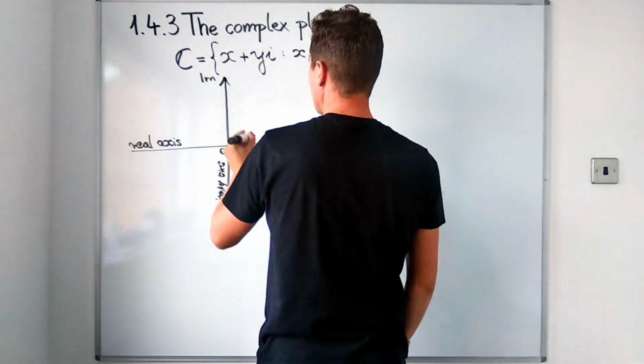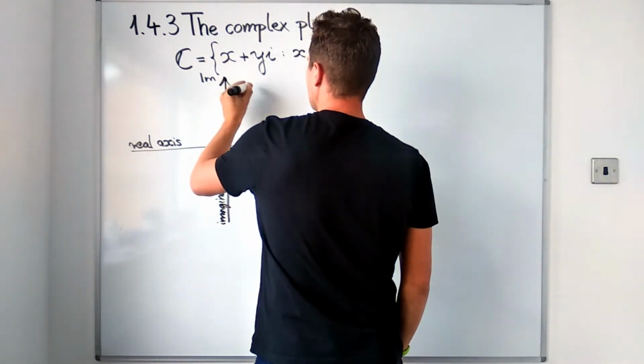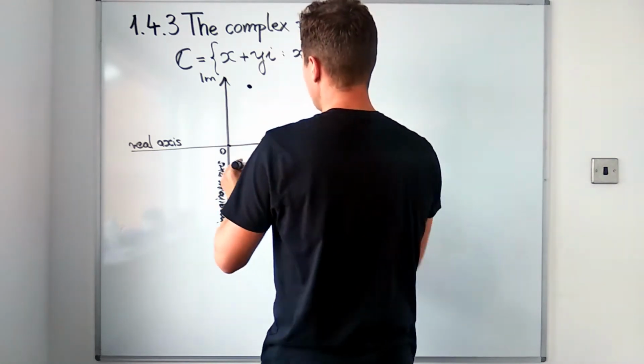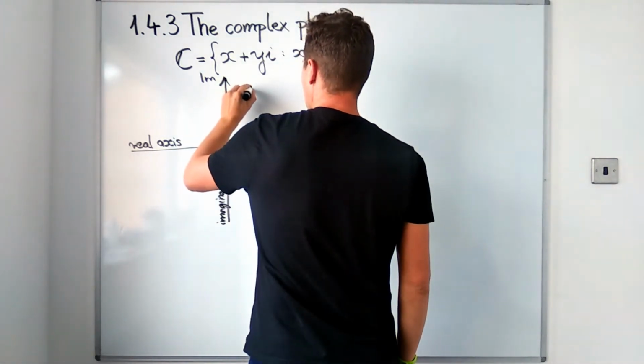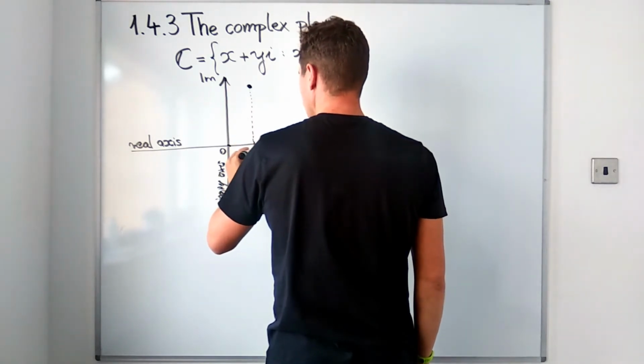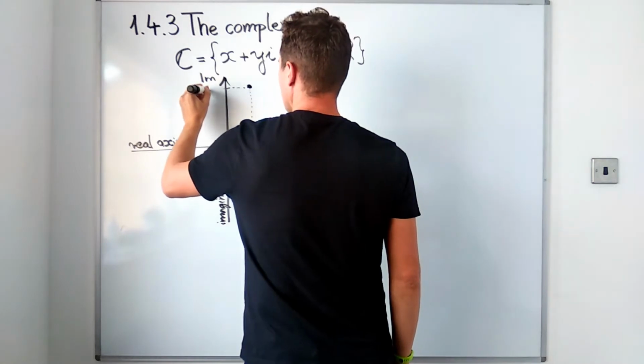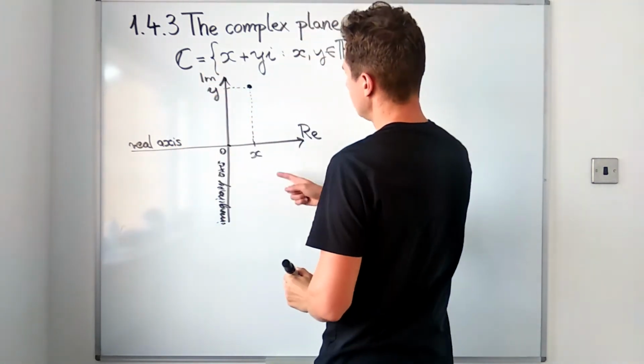So an arbitrary complex number would be just a point on this plane, and it would have a horizontal coordinate of x and a vertical coordinate of y.